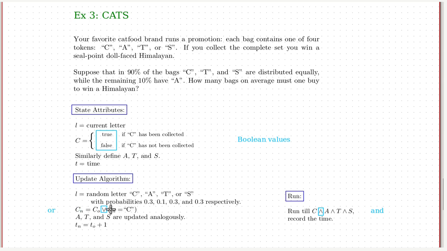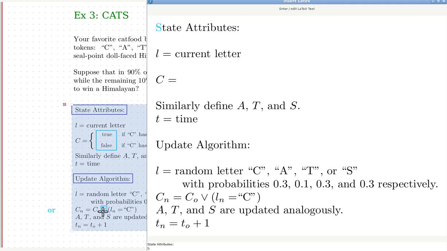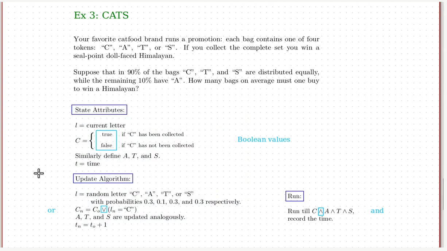We can represent this logically by saying that C sub n is equal to C sub o or... And then, in logic, by the way, this V symbol here, that's the logical symbol for OR, so it's used by logicians to represent the operation of logical OR, right?